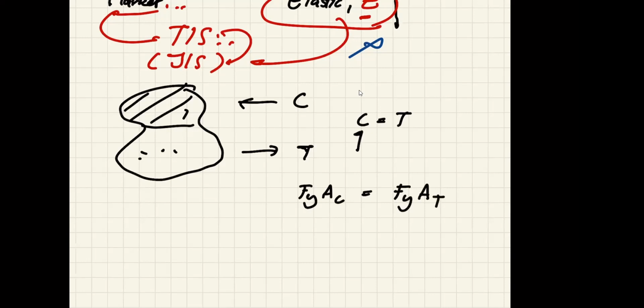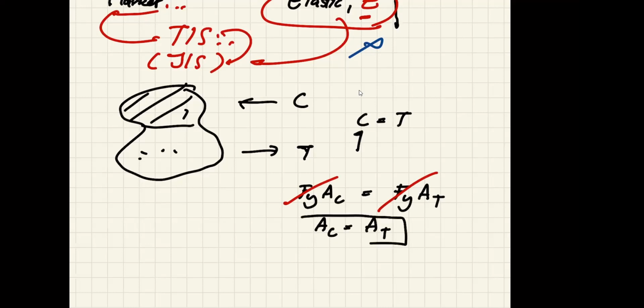Now, generally, if you use a section with one material, it means that these two Fy are the same. So to achieve internal equilibrium with only one material, it's safe to say that the area that takes compression must be equal to the area that carries tension.